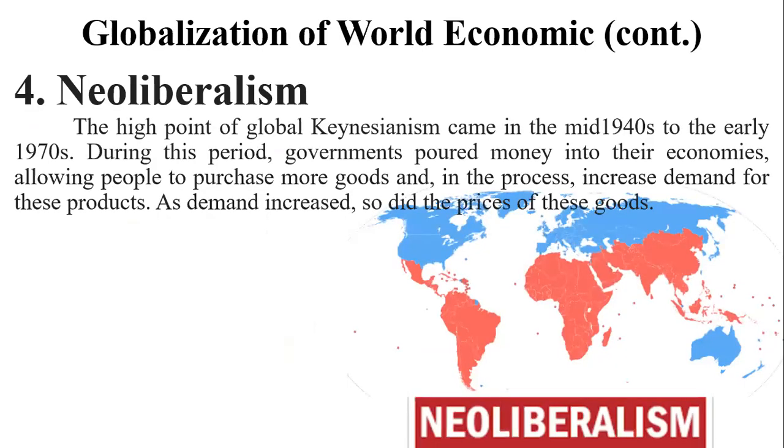Another one is neoliberalism. The high point of global Keynesianism came from the mid-1940s to the early 1970s. In this period, governments poured enough money into their economies, allowing people to purchase more goods and services, and in the process increasing the demand for these products.